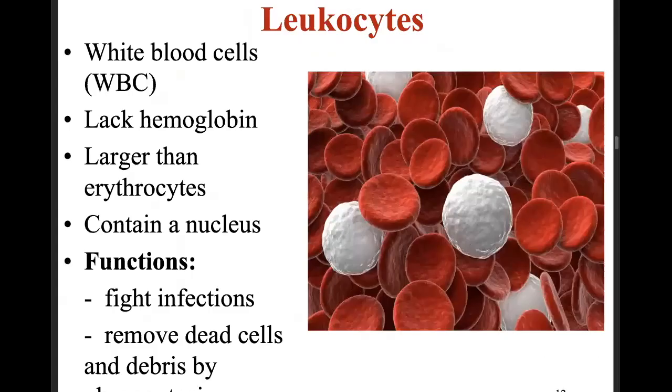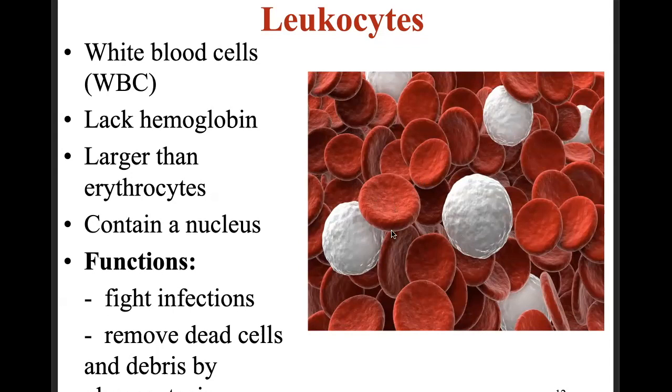Now let's go here. After your erythrocyte, we will now move on to your leukocyte, or your WBC, your white blood cell. They lack hemoglobin compared to erythrocytes, and they are a bit larger, as you can see here in the illustration.